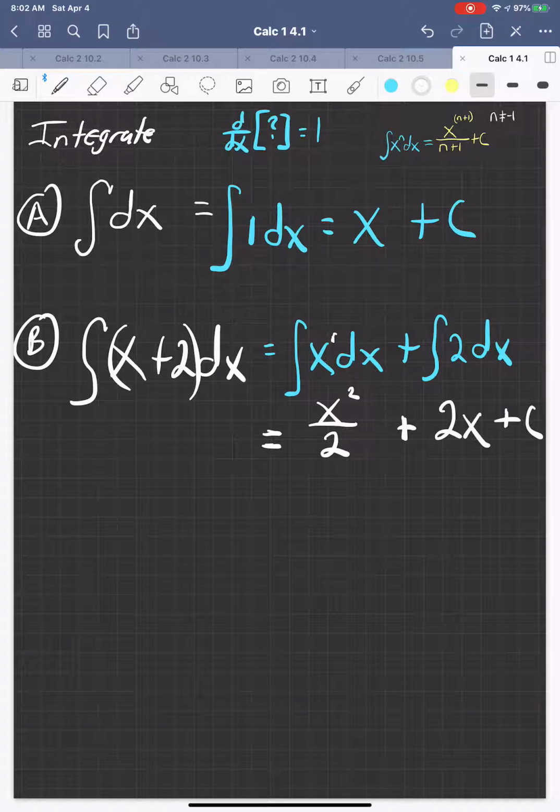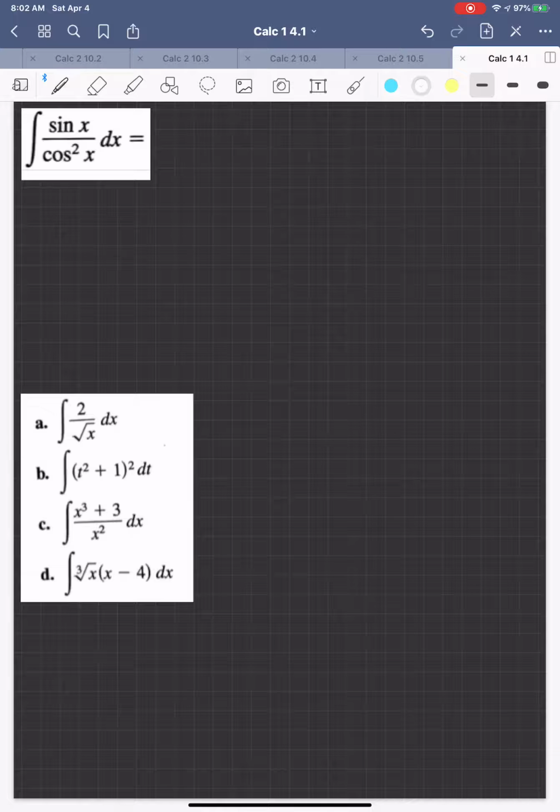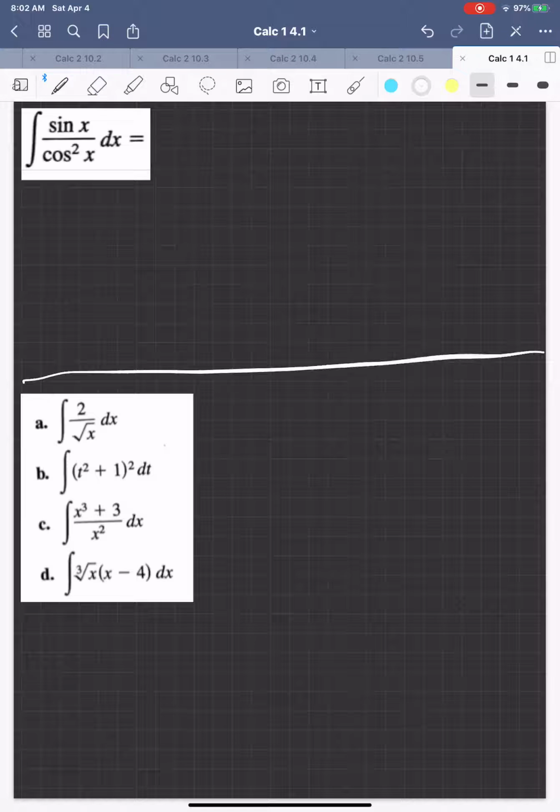All right, a few others. I'm not going to go through and integrate each of these below. I just want to show you how you would rewrite them. Let's start with sine of x over cosine squared of x. Let's think about our definitions of sine and cosine.